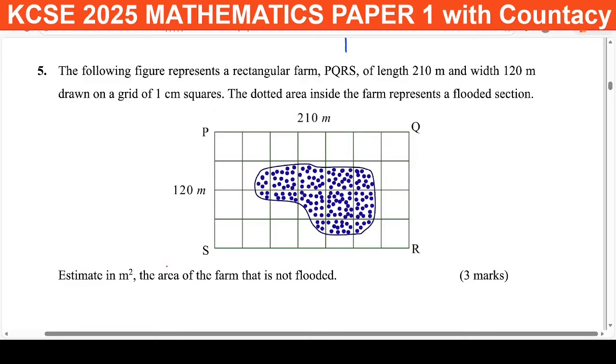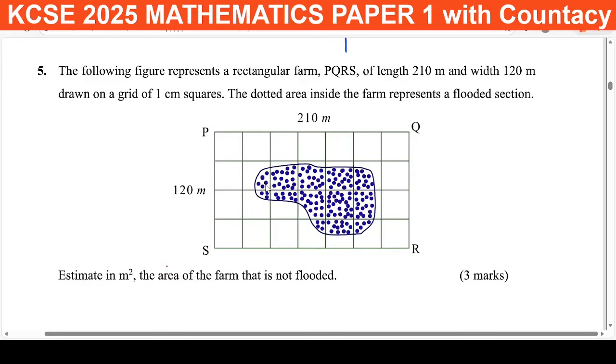Oh, this is quite unfortunate for the person who owns this farm, because almost all of this section is getting flooded. Therefore, that implies that almost all of this land becomes waste unless they find a solution. But that is the concern of the farmer. Us as mathematicians, our concern is to estimate the asked part, and that is the area of the farm that is not flooded.